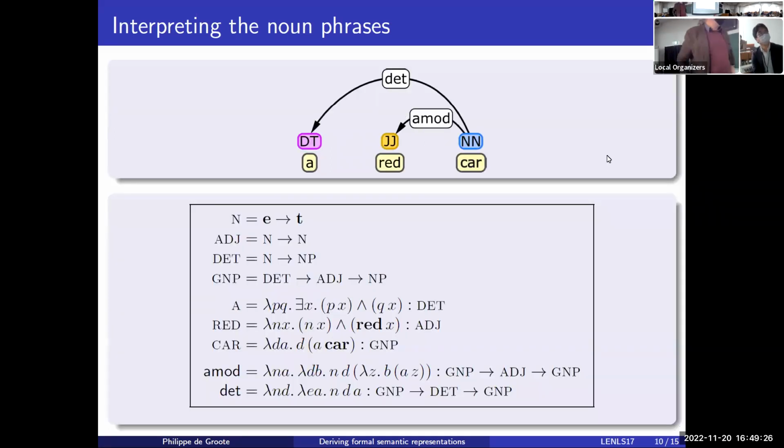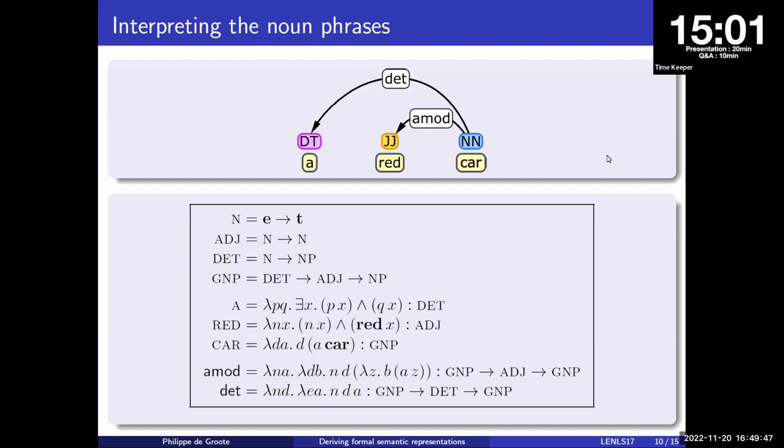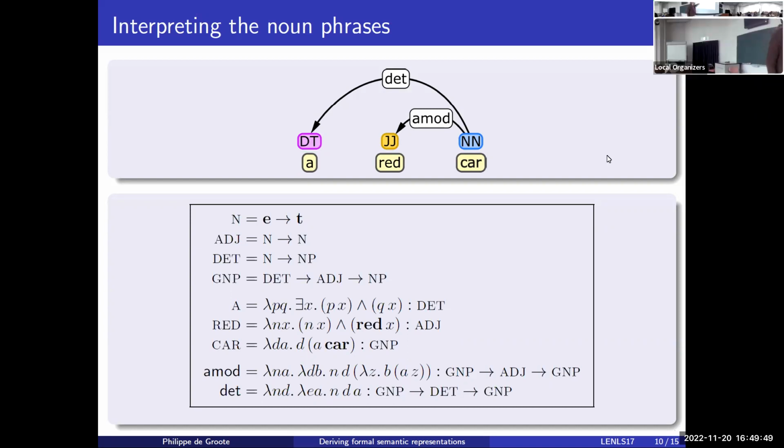The solution I propose is like this. As usual, I will consider that a noun is an interpretation, a set of entities, and that a determiner allows a noun phrase to be made of a noun.